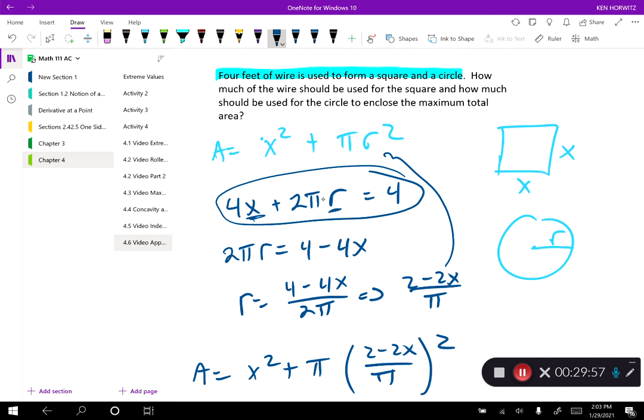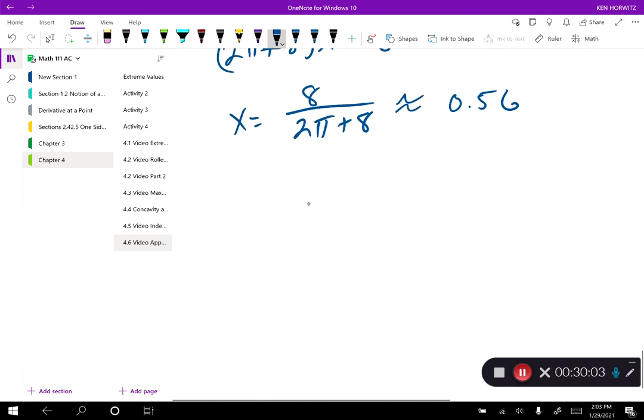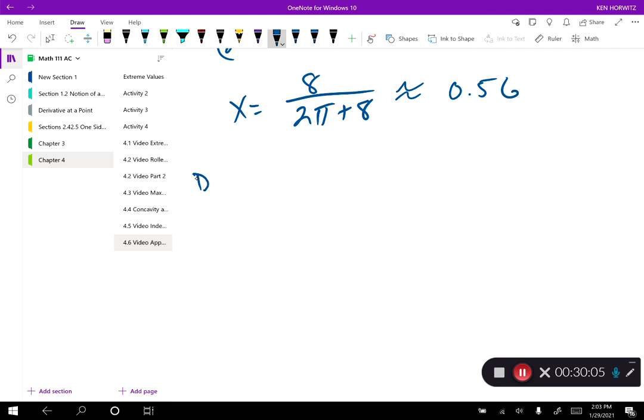So I have 4x equals 4, x equals 1. So the most it could be would be 1. Our domain can't be less than 0 because it's a real thing and it's a length. And the most it could be would be 1. If we put all of our wire into the square, the greatest x could be would be 1. So we would have a perimeter of 4.